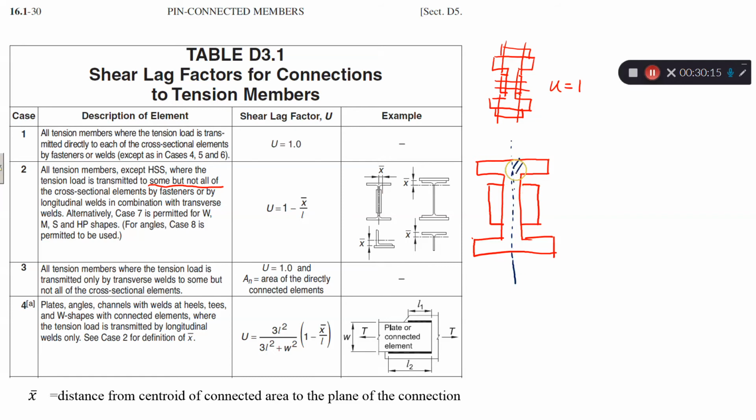So it's equivalent to having two channels, and each channel is connected with a plate on its web.